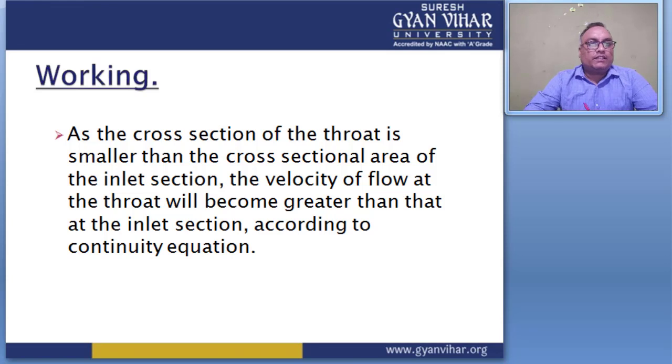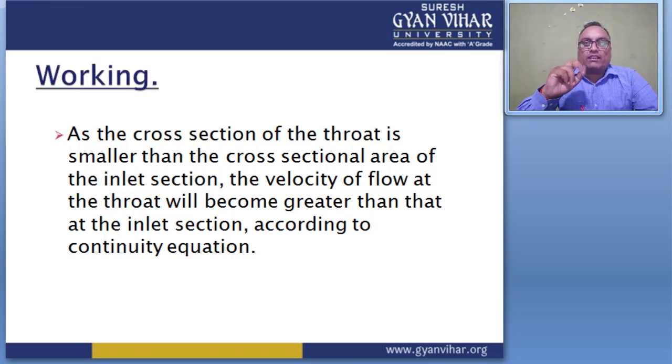This is the working principle of this venturimeter: the cross section of the throat is smaller than the cross-sectional area of the inlet section. For this, it creates a velocity difference inside this pipe, and with the velocity difference the pressure varies.